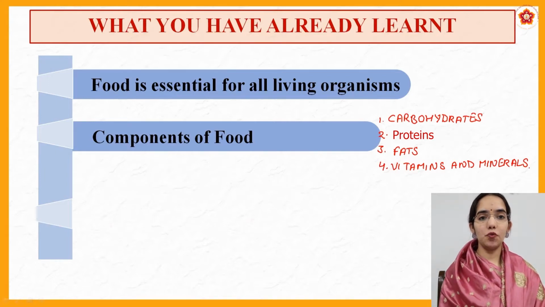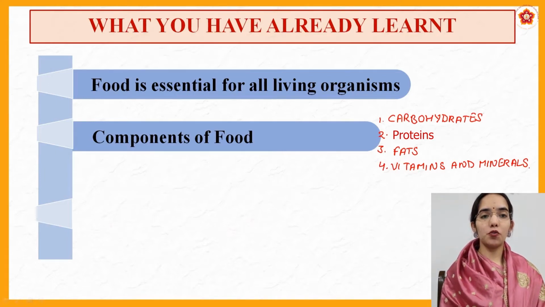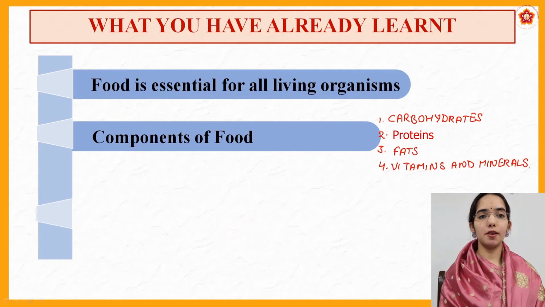So these are the various components of food. Students, remember that these are the nutrients present in food. So carbohydrates, proteins, fats, vitamins and minerals are the nutrients. What are they? They are the nutrients present in food. And nutrients are extremely essential for us.